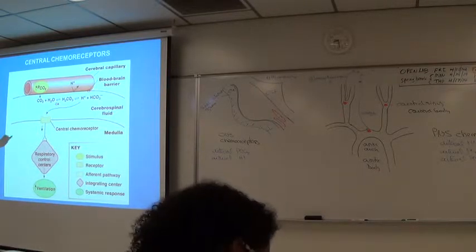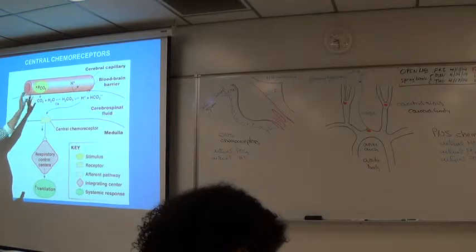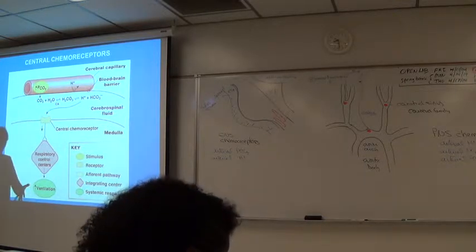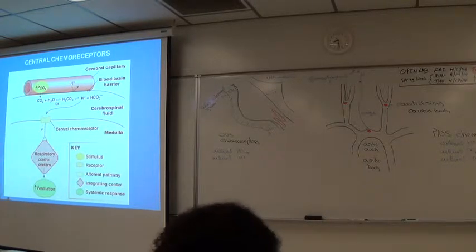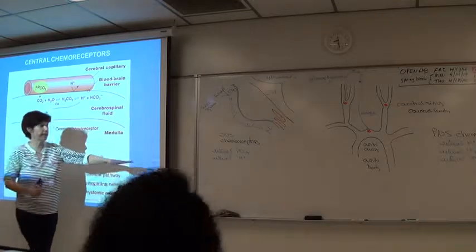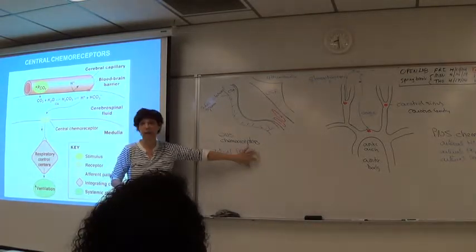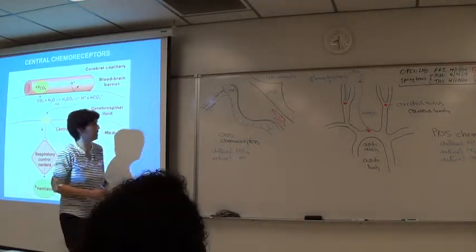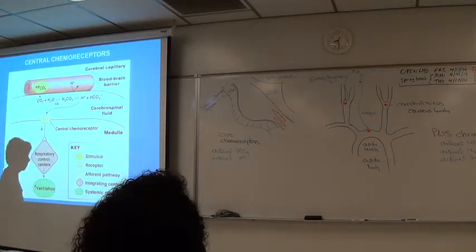Also, fluid is going to go by the CSF. So in our blood vessel here, which has obtained its blood from our cerebral arteries, it has both carbon dioxide and hydrogen ions, the two things that I said are sensitive in the CNS chemoreceptors.